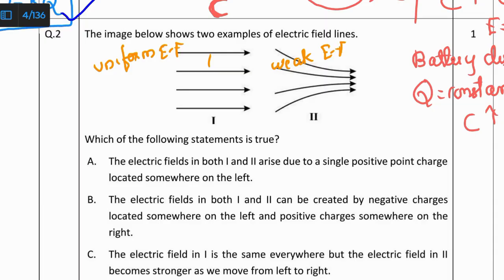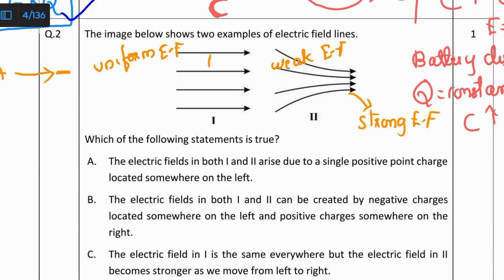Closely packed lines are strong electric field regions. Next, remember that electric field lines start from positive and end in negative.